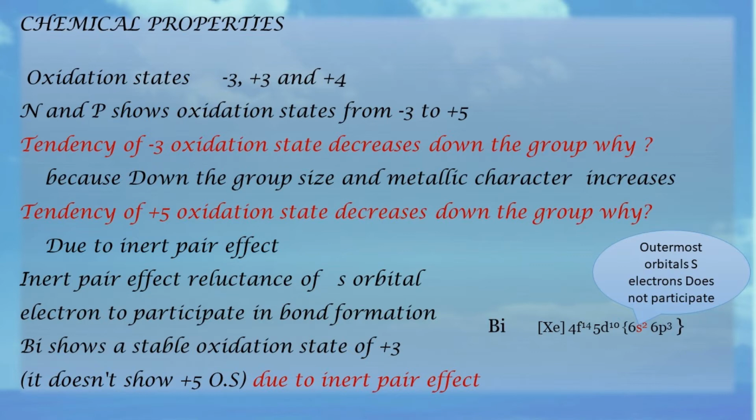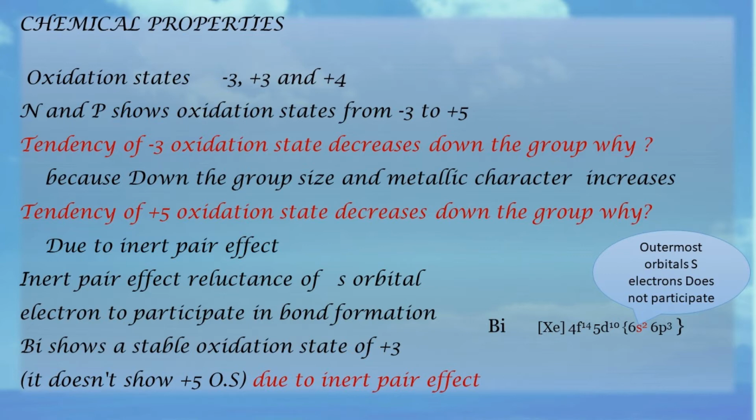There are two important points in this oxidation state that you have to remember. One is that the tendency of -3 and +5 oxidation state decreases down the group. I repeat, the tendency of -3 and +5 oxidation state decreases down the group.